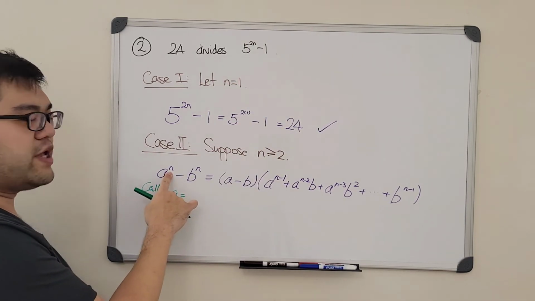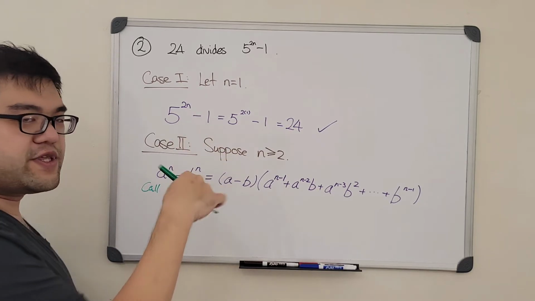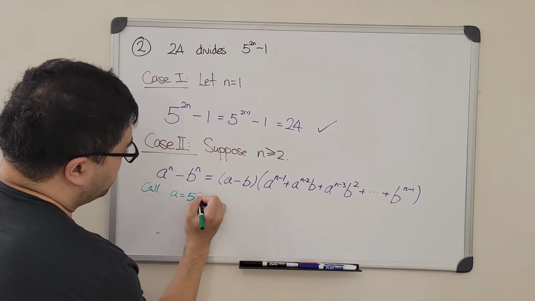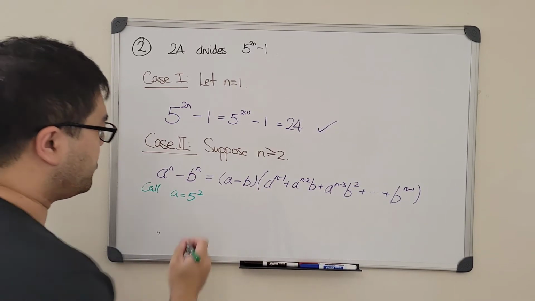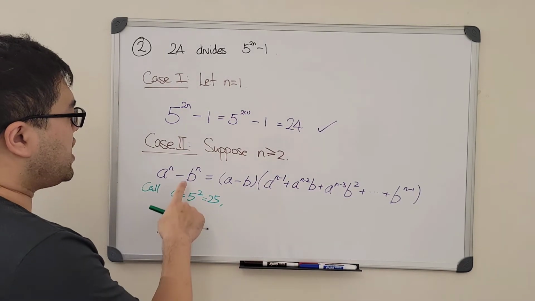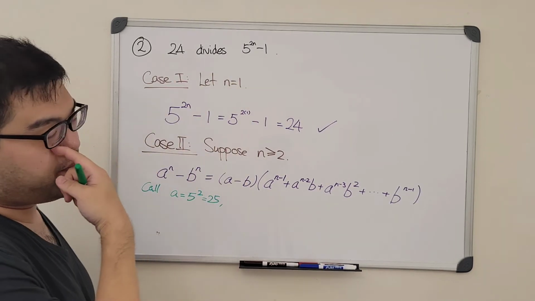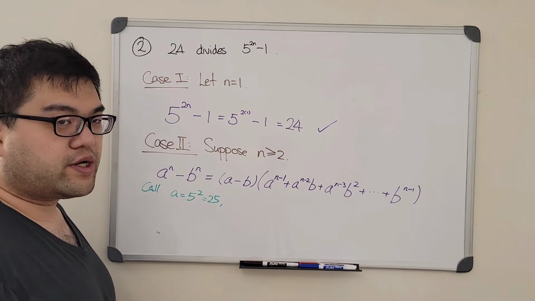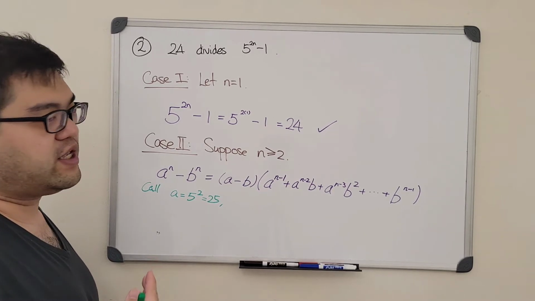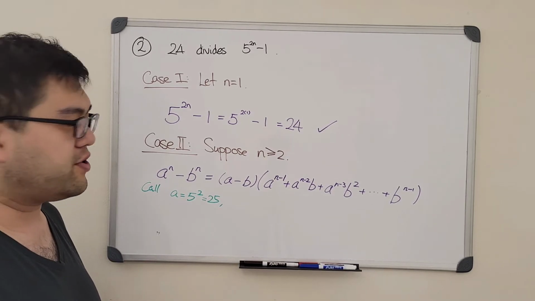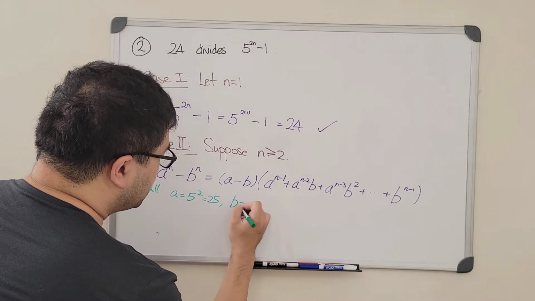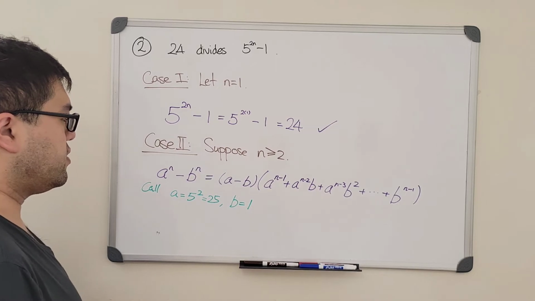And since we only want the n power here, everything else will be the a. In other words, our a will be 5 to the second power, which is equal to 25. At the same time, we also need to call b. Luckily, we have 1 here, and 1 is equal to 1 to the n power for any positive integer n. So we get b is equal to 1 here.